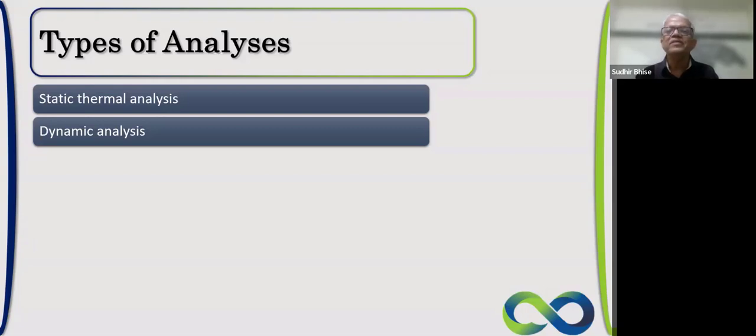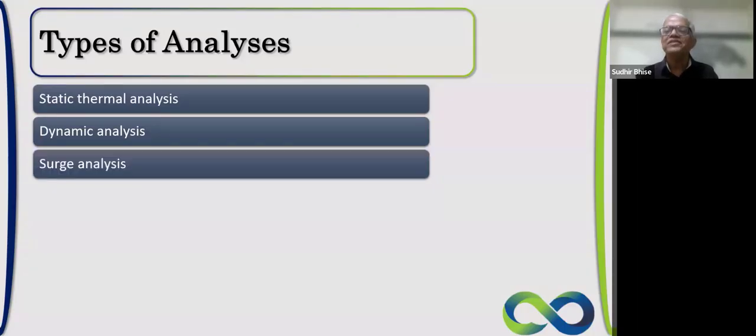Radioactive materials are involved in such plants, so you need to do the dynamic analysis. Here the load changes with respect to time, so there is an acceleration in the loading. Such cases are analyzed with the help of dynamic analysis, time history analysis.